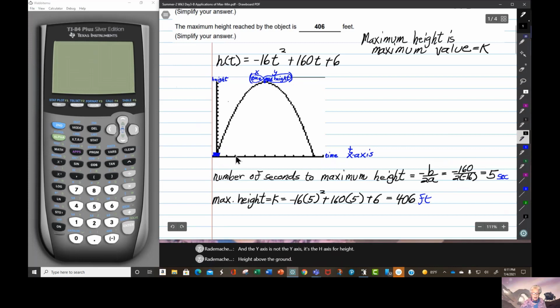So as time goes by, the rocket is higher and higher and higher until it reaches the vertex, and then it won't go any higher. It doesn't have the energy to go higher. So it will start coming back down to Earth.